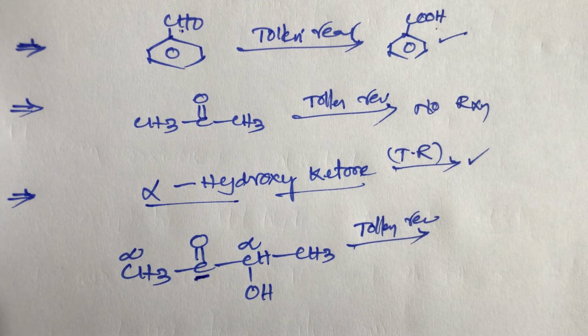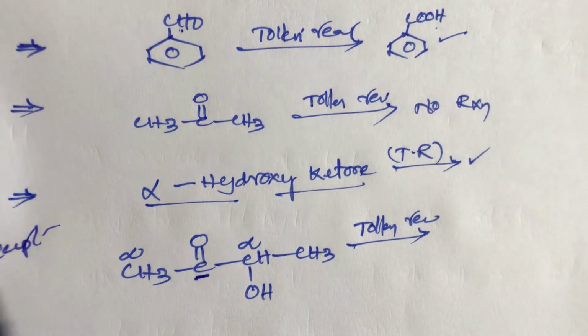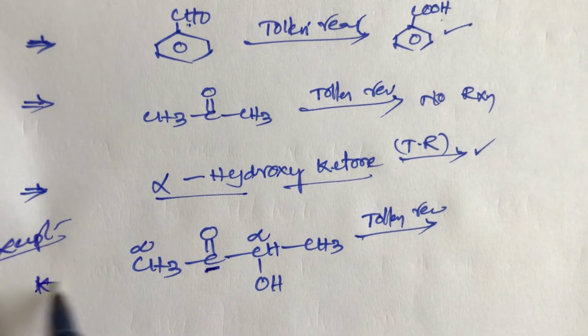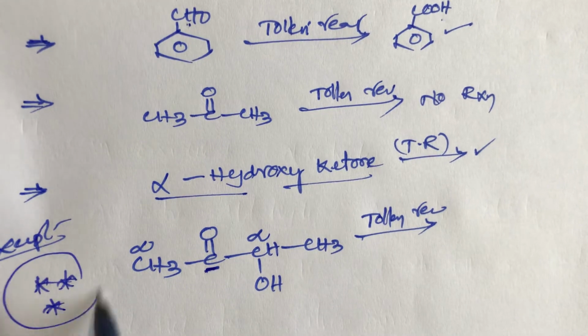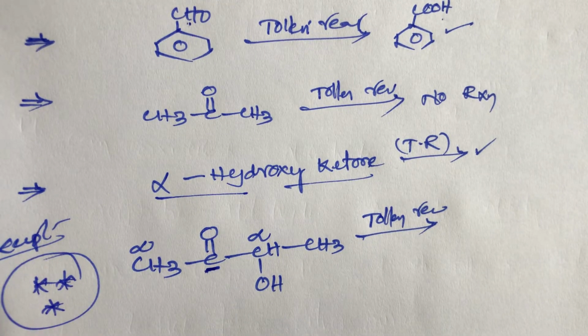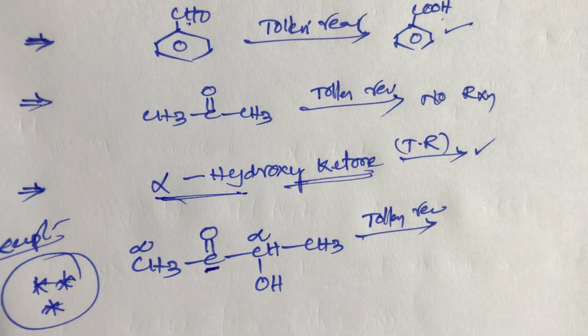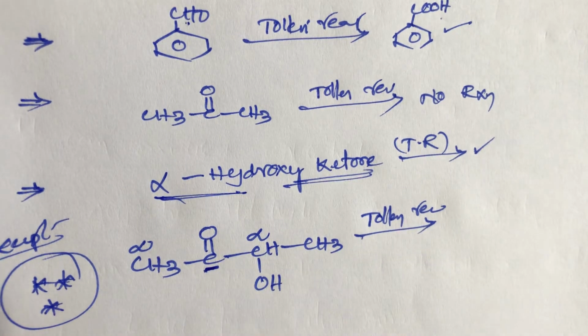You remember, student, these exception cases are very important for NEET and JEE exams. Generally, ketones cannot be oxidized with Tollens reagent, but alpha hydroxy ketones react with Tollens reagent to give a keto group, not an acid.